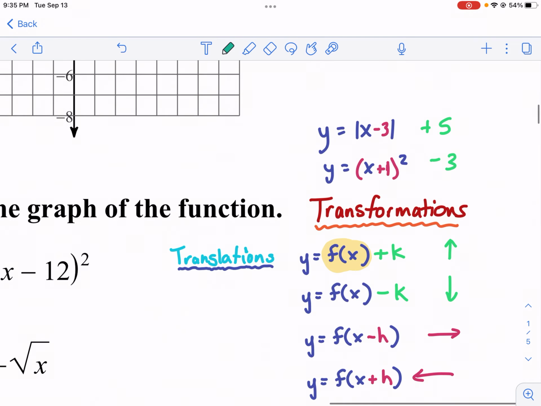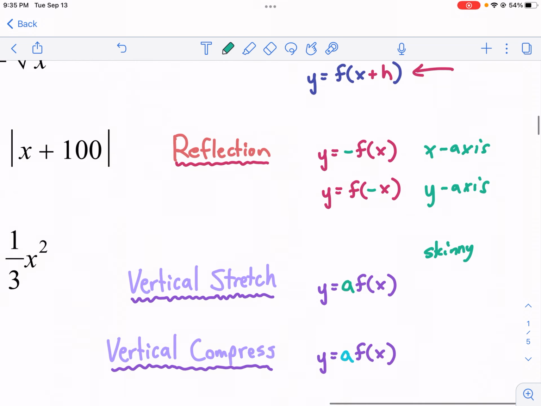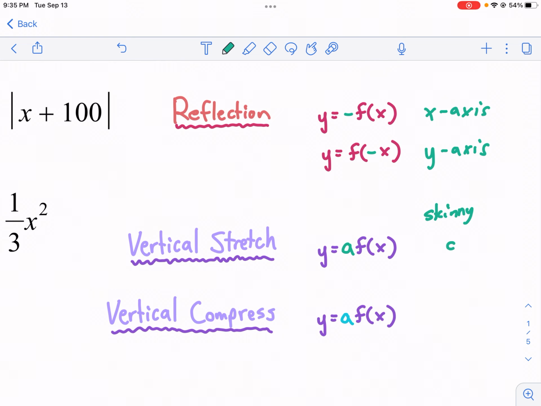So let's go back to our examples up here. If I multiply by like a 2, or let's say even a -3, notice how one's negative. The negative just means it's getting reflected in some capacity over the x-axis. But the 2 and the 3 are both bigger than 1. So we're looking at bigger than 1 in absolute value. So just think 2, 3, 4, and their negative equivalents.